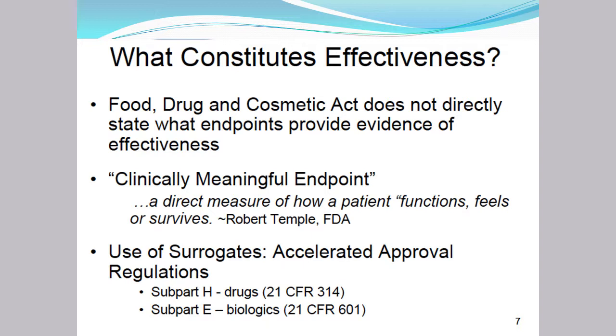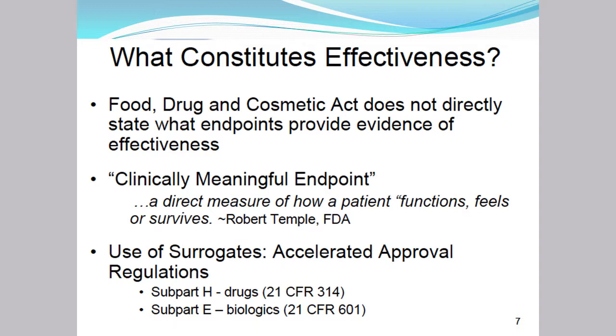It is a direct measure of how a patient functions, feels, and survives. It is not a lab value or a pathology, it is the patient. However, the rarity of the conditions led us to use some surrogate markers that Dr. Aubrey is going to talk about today, with a roundtable discussion tomorrow.